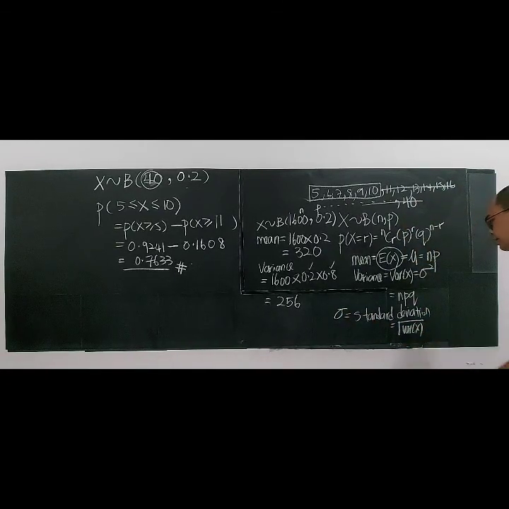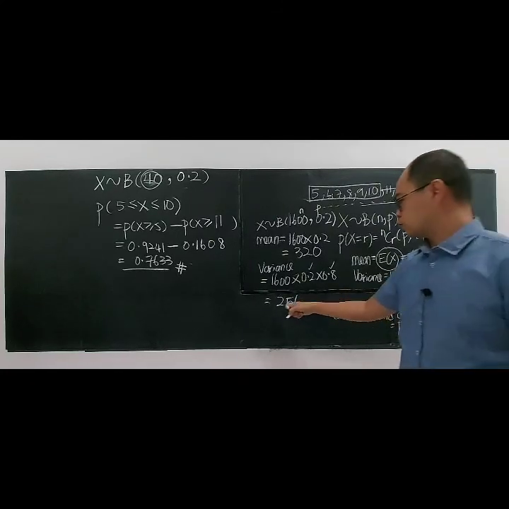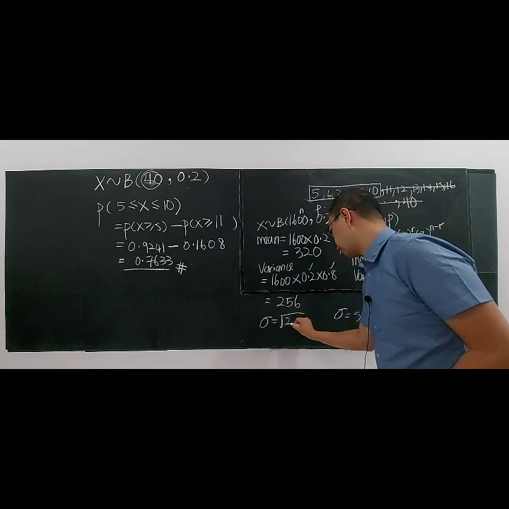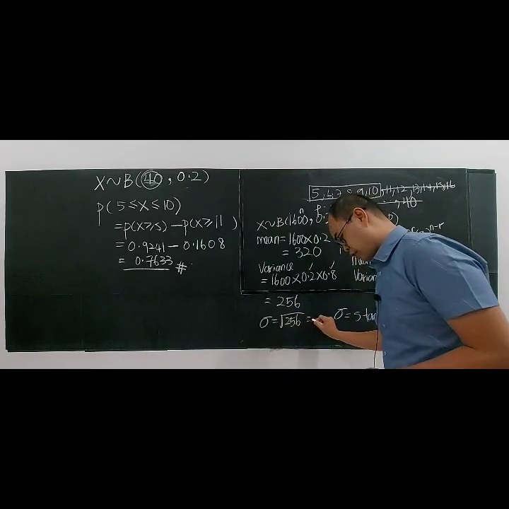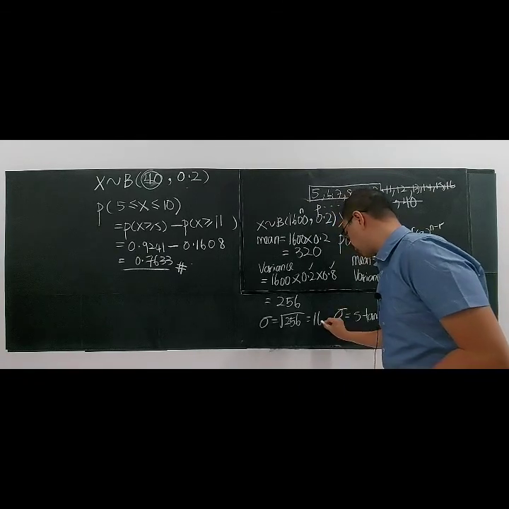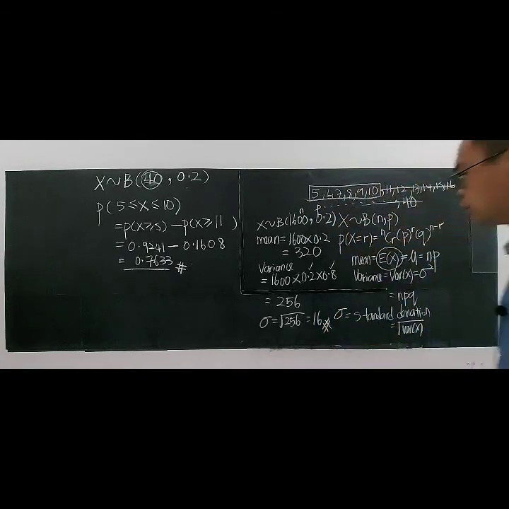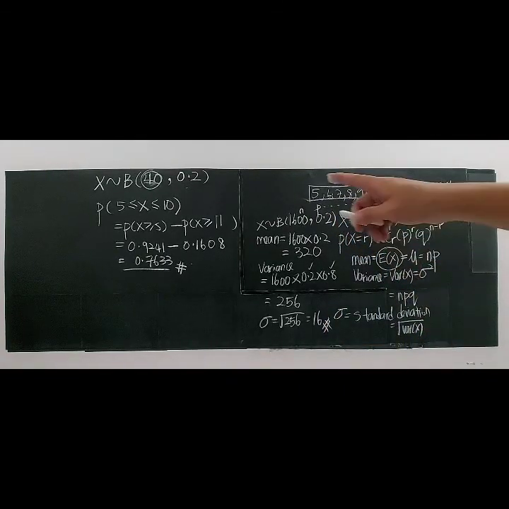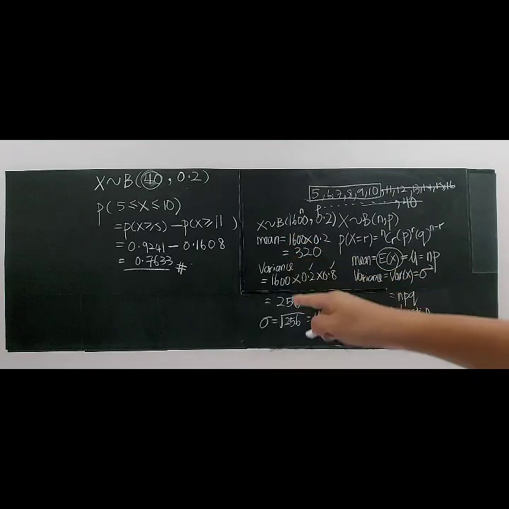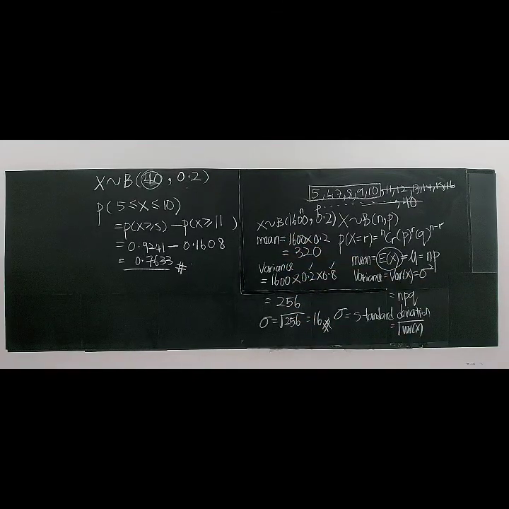The variance is 256, so the standard deviation will be the square root of 256, which gives you the value of 16. This is the standard deviation for the sample of 1600. This will be your mean, variance, and standard deviation. Hope you understand. That's all for this video.